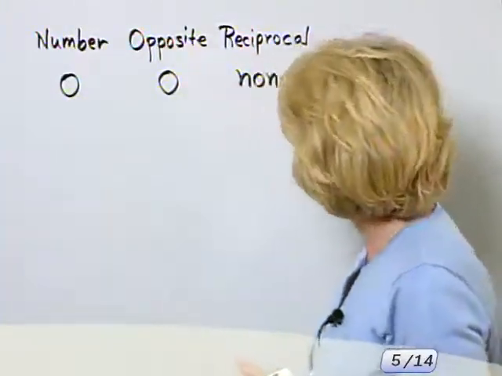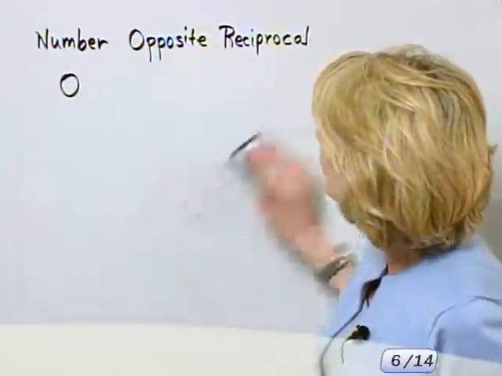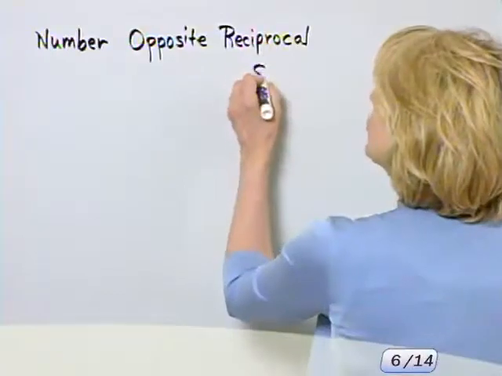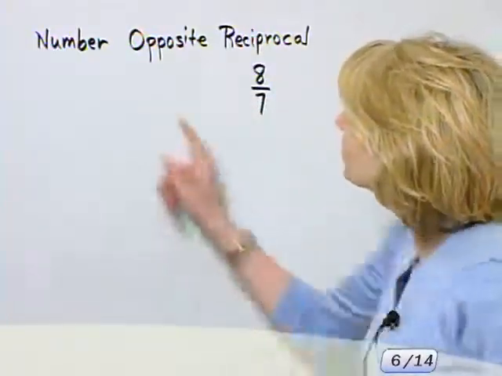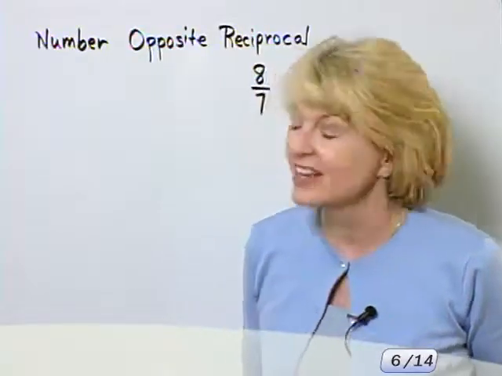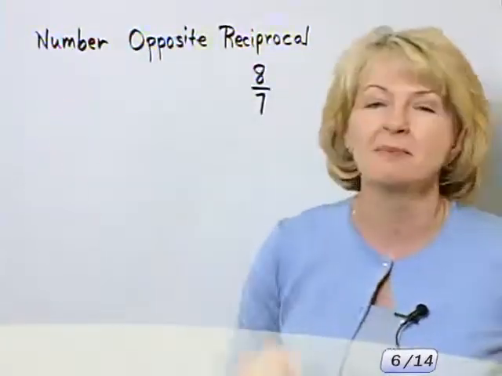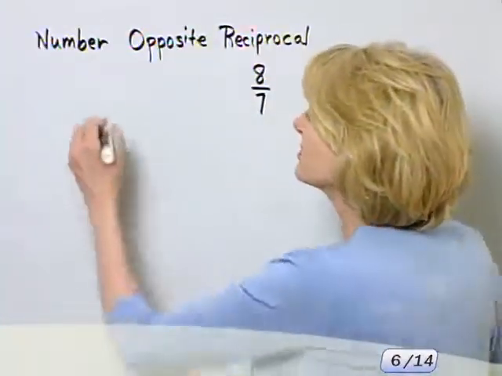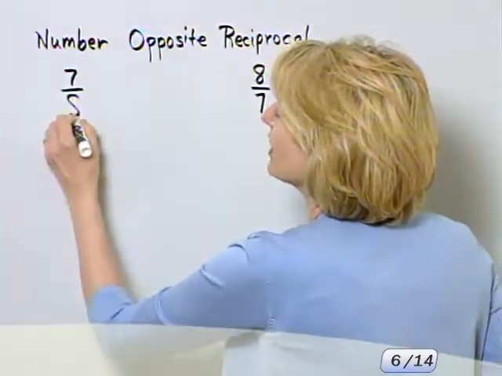And let's do that one more time with one more number. Let's suppose I tell you the reciprocal of some number is 8 over 7. What is the original number, and then what's the opposite of that number? If the reciprocal of some number is 8 over 7, what is the number itself? The number itself is 7 over 8.